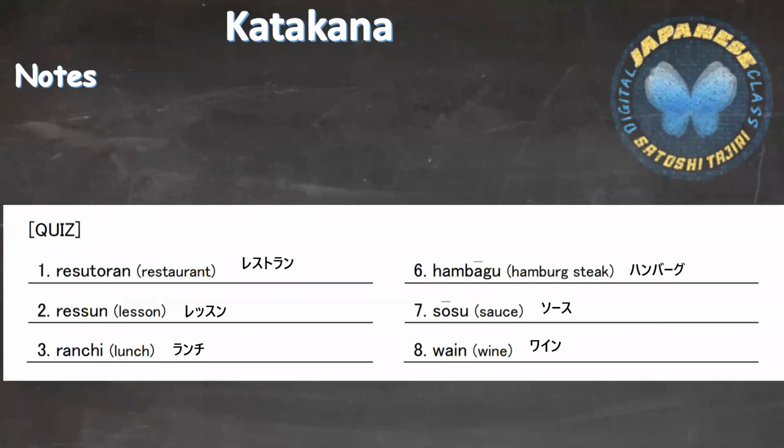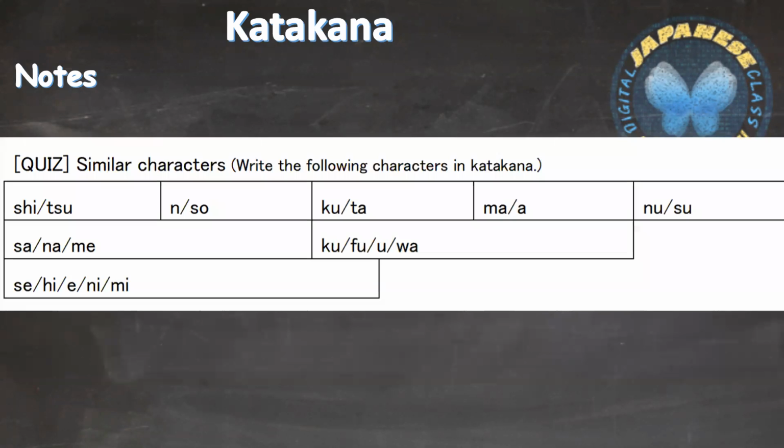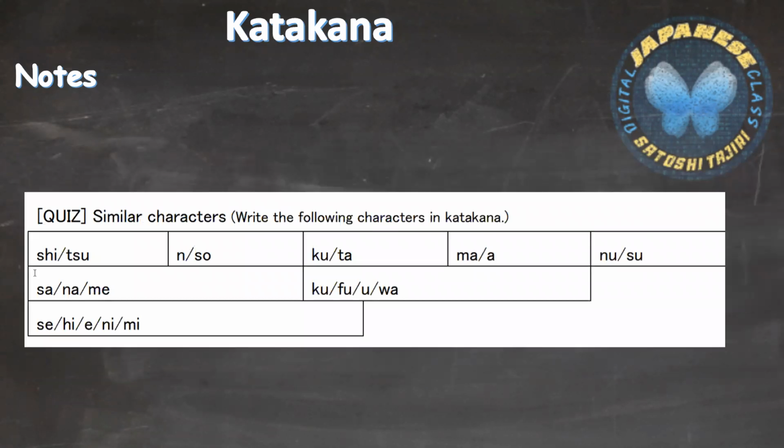Thank you so much. Now let's go back here. These are the characters that you might get some confusion with. So make sure that you keep practicing them because they have different writing. For example, we have our shi compared to our tsu.